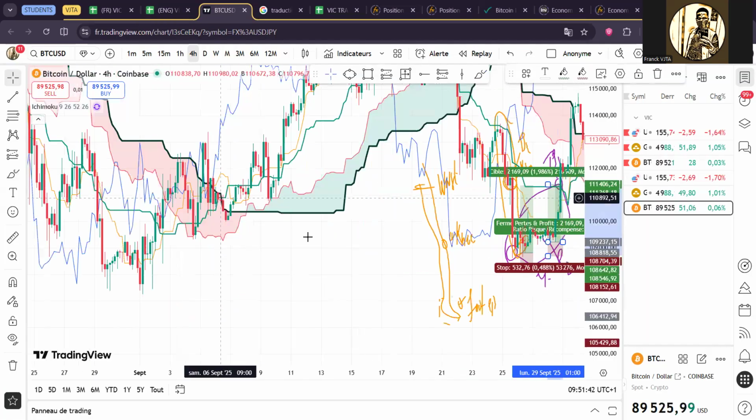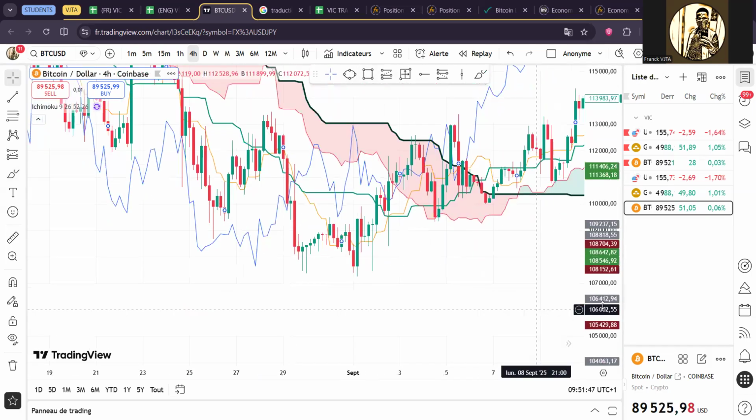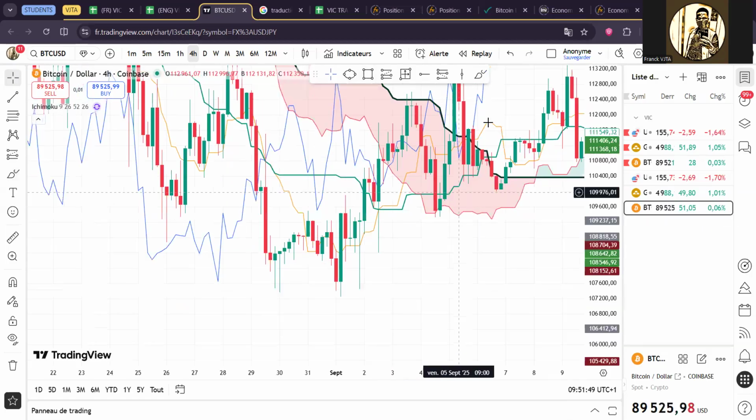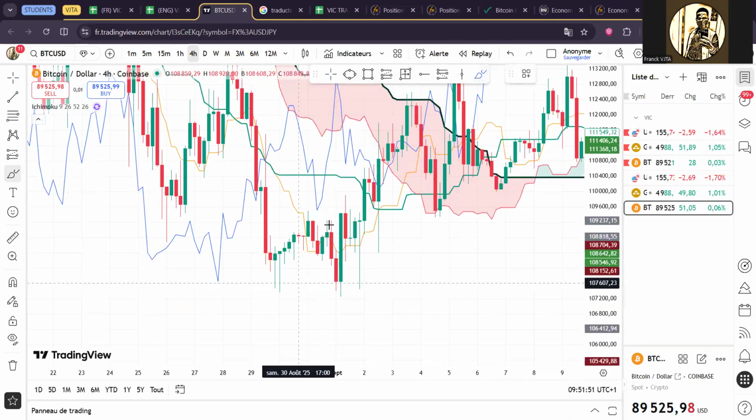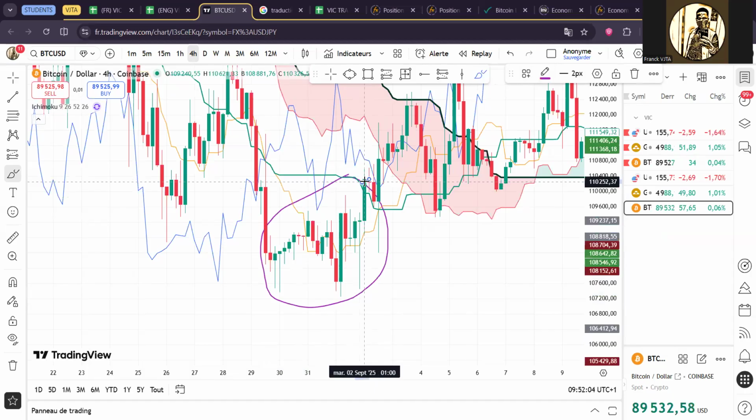So let us do one last example for the origin. You have here the origin, right? All of this from the empty space till the candle touches the Kijun.